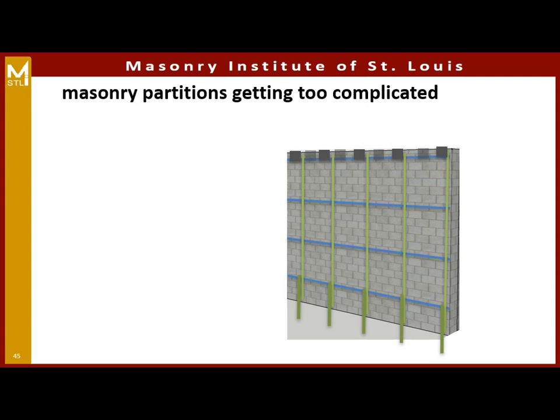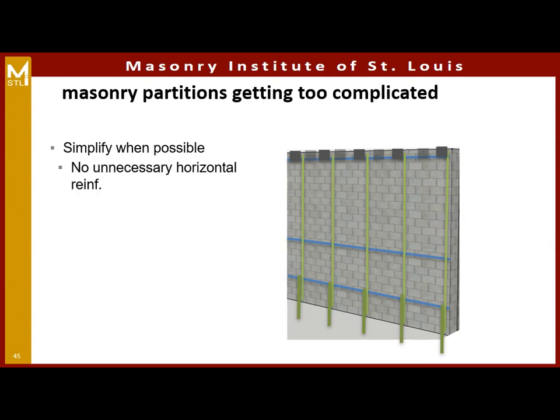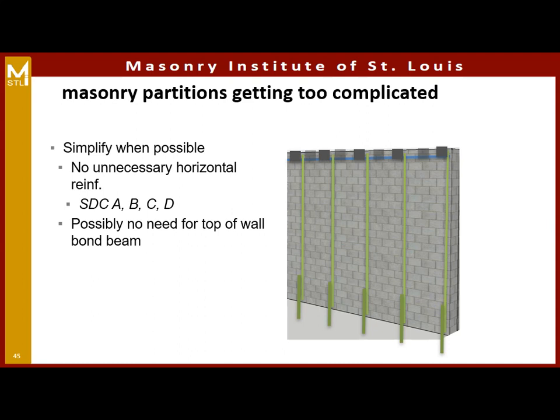So we've definitely seen some complications in our partition walls, maybe because of these catch-all notes in general notes. So we like to try to simplify them. Again, these are partition walls. They're not part of the lateral system, so let's get rid of unnecessary horizontal reinforcing, which we can do in lower seismic zones.